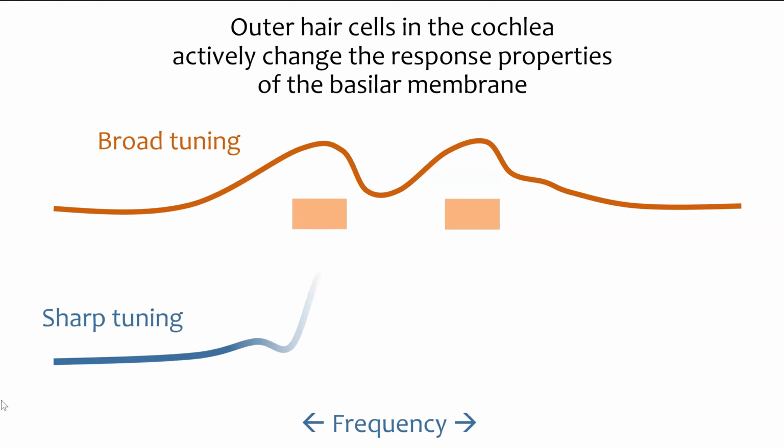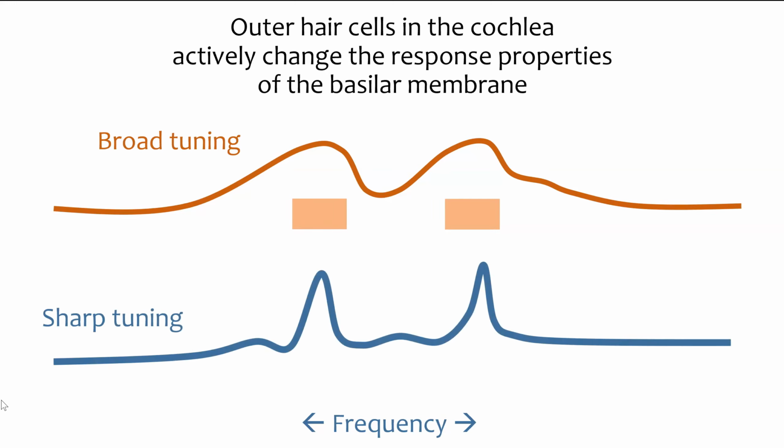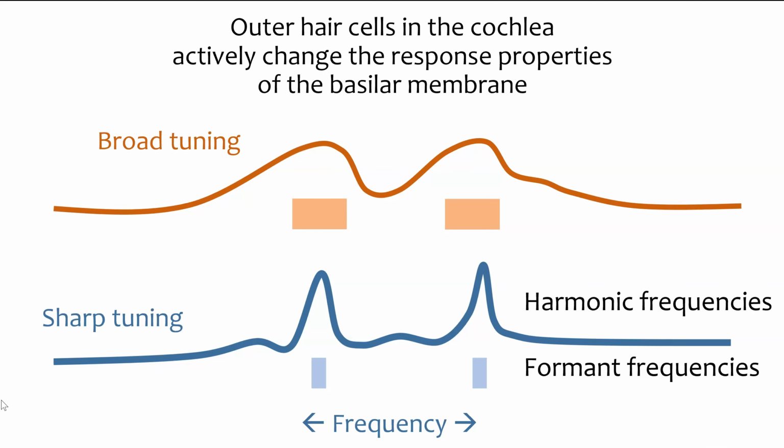Conversely, if we had sharp tuning, this would mean that we're pretty sure about exactly which frequencies are being stimulated. These frequencies can be harmonic frequencies or formant frequencies. The idea here is that we want a sharp representation. And so instead of having that kind of blurry representation up top in orange, we can have a sharper representation down there in blue.